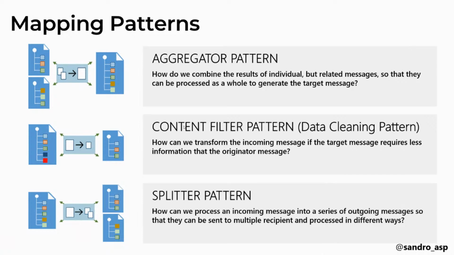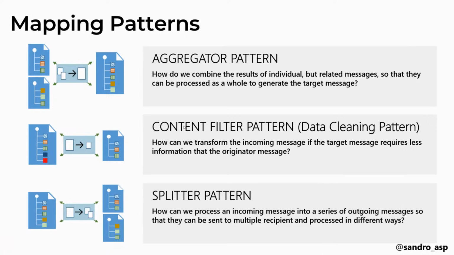Then we go to more advanced patterns. The aggregator pattern is quite normal, and we saw that a lot in the old days in BizTalk. We receive a message from the source system, then make a call to an internal system or a partner, some other system, to fetch more data.